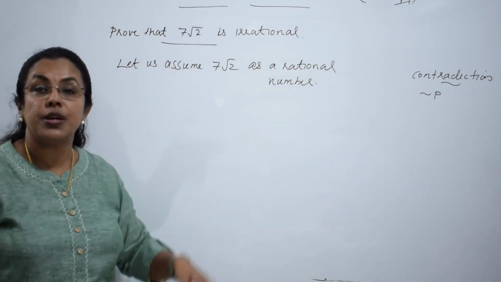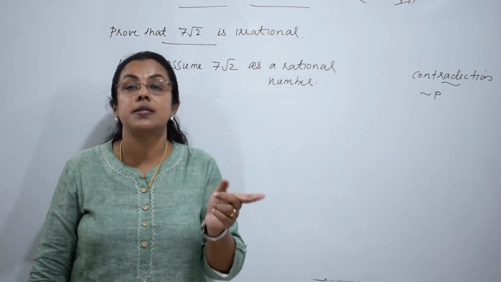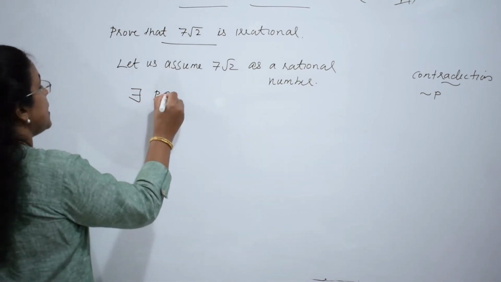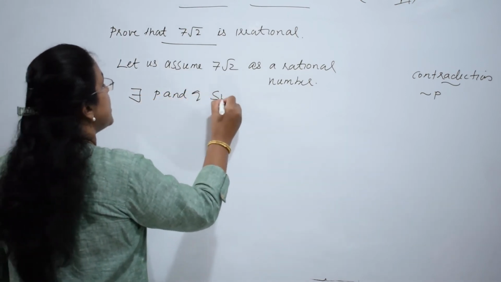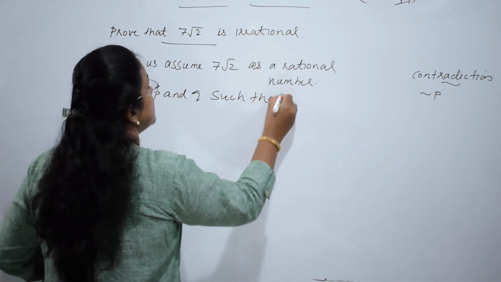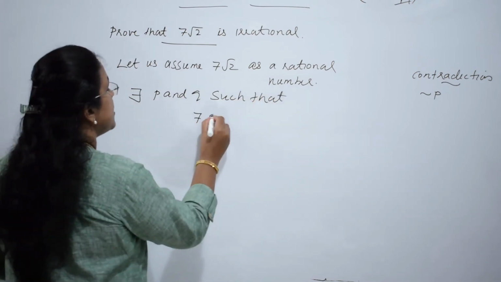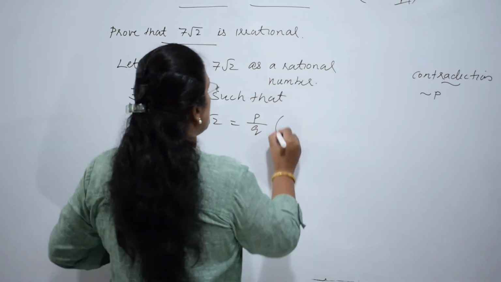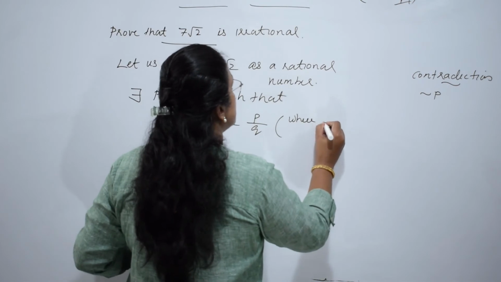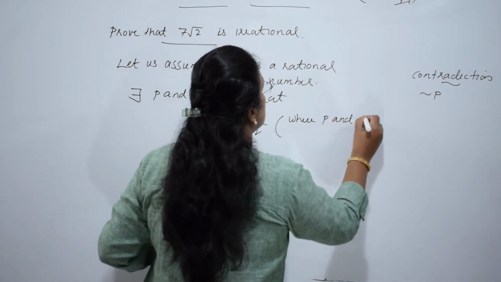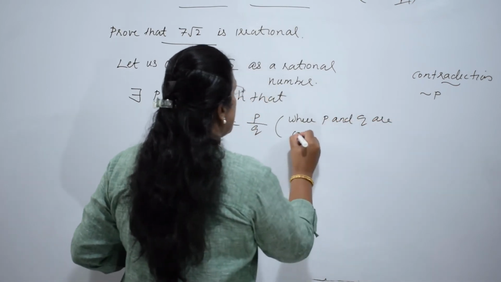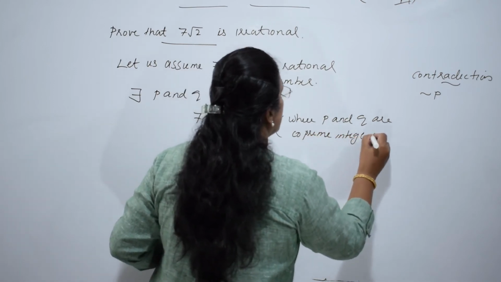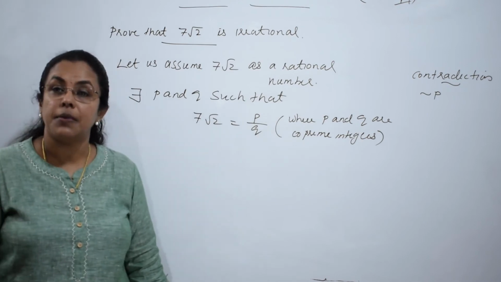If 7 root 2 is a rational number, then we can write it in P by Q form. 7 root 2 is equal to P by Q, where P and Q are coprime integers.